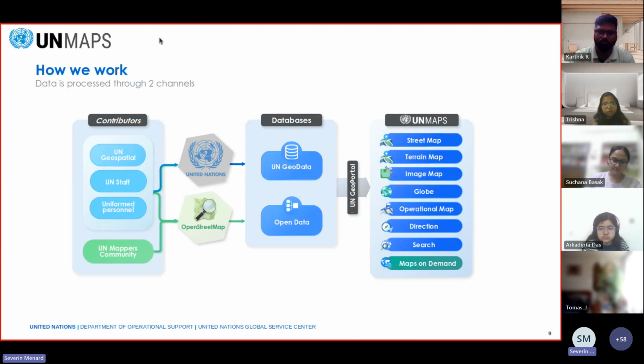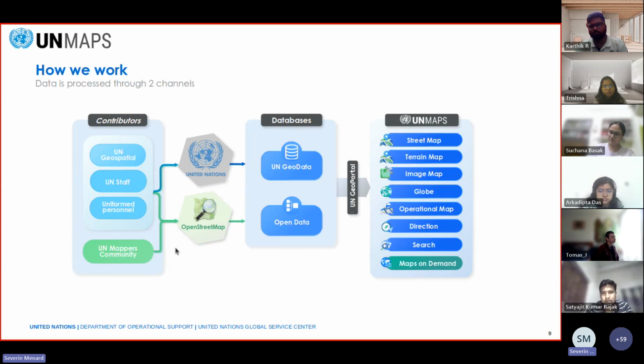The contributions come from internal contributors, but also the UN Mappers community, I mean, people from the OpenStreetMap community working on UN Maps OpenStreetMap projects. There is a mix of these two sources, United Nations authoritative data and OpenStreetMap, with OpenStreetMap being 90%, 95% and more of the volume of data. This is mostly OpenStreetMap data.